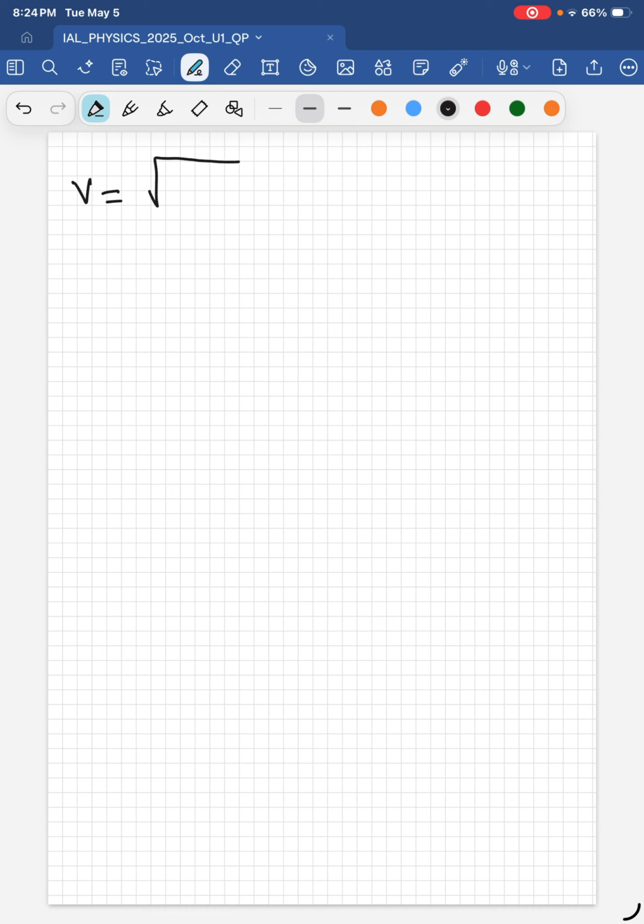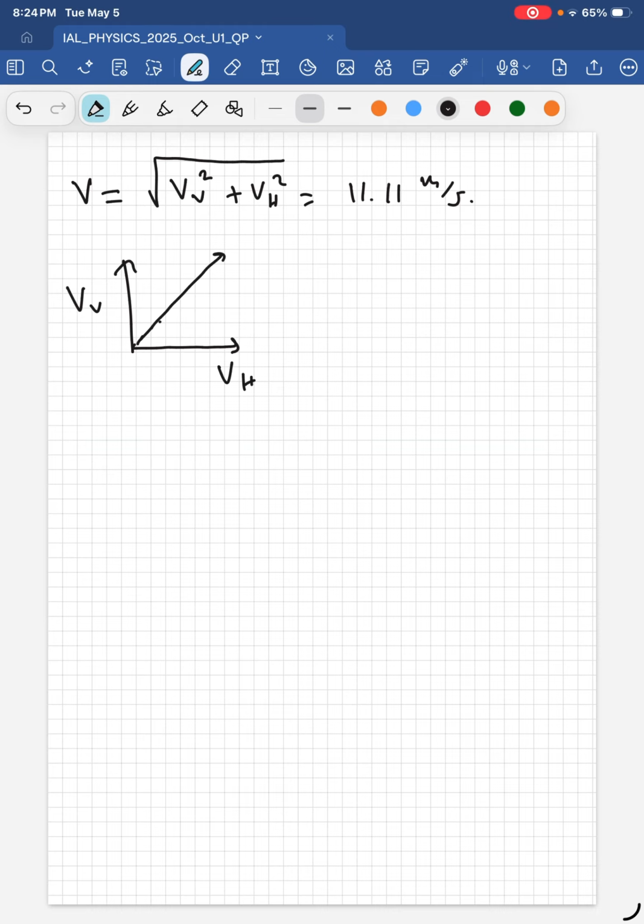Therefore, the velocity is equal to the square root of the vertical velocity squared plus the horizontal velocity squared, which is 11.11 meters per second. And if we do this triangle, this is v vertical, this is v horizontal, this is the v we found, the magnitude. And we can also find this theta, this angle.